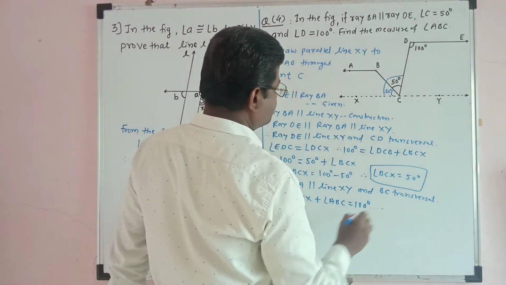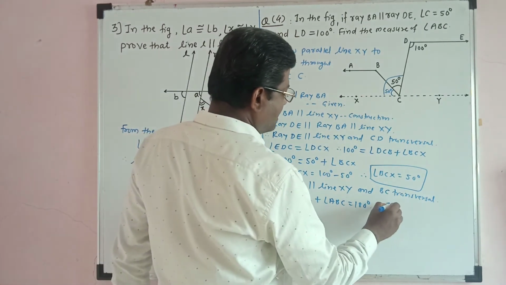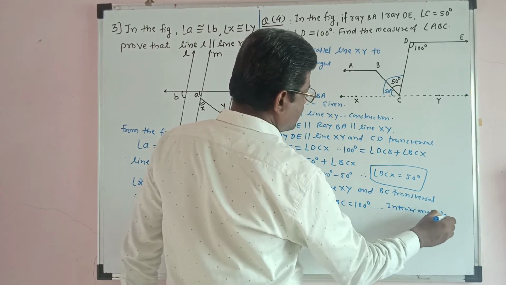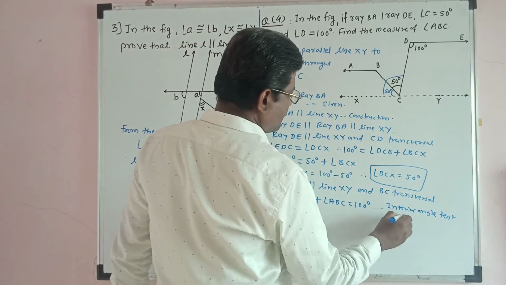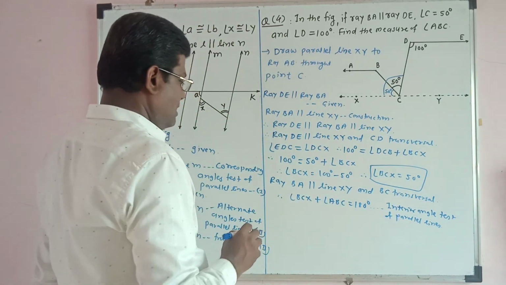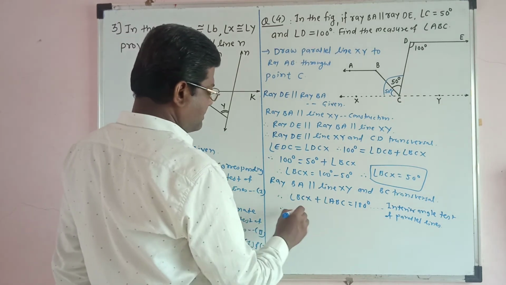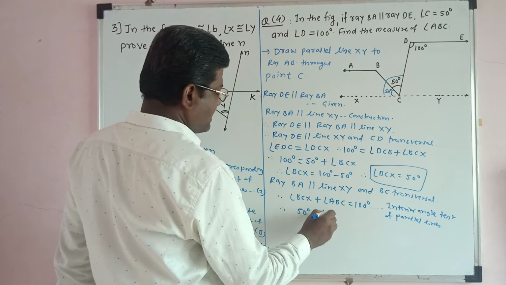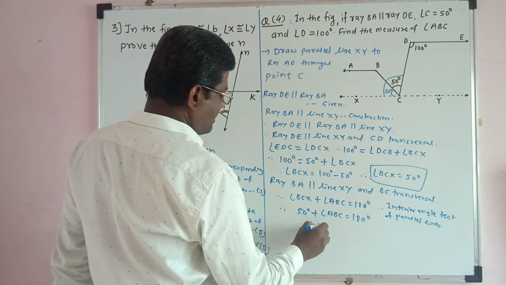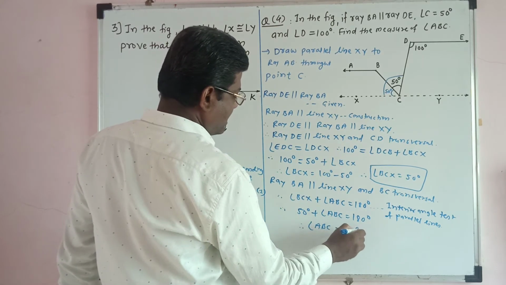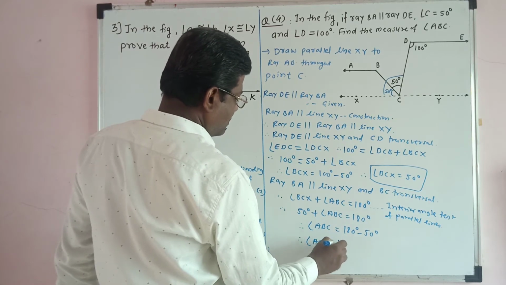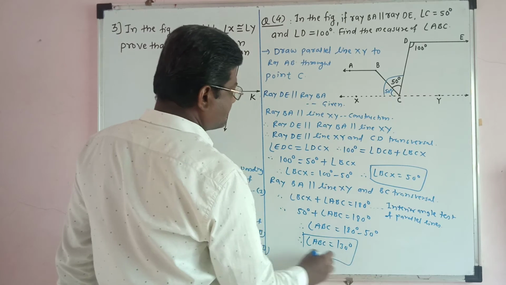Reason is interior angle test of parallel lines. Therefore, angle BCX is 50 degree plus angle ABC is equal to 180 degree. Therefore, angle ABC is equal to 180 degree minus 50 degree. Therefore, angle ABC is equal to 130 degree here.